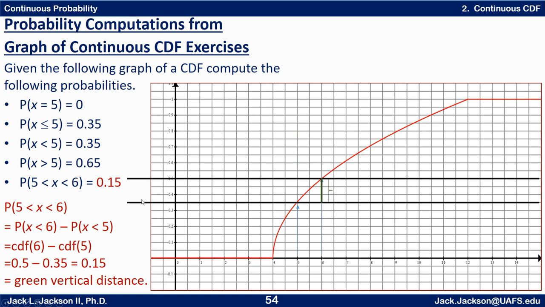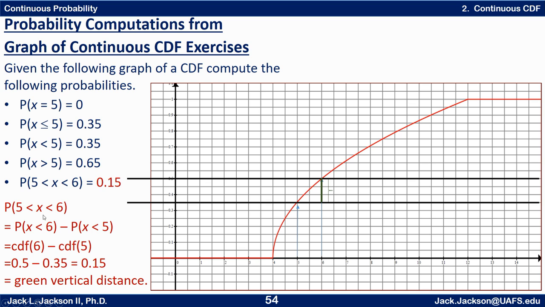Well, you find 5 and you go up there and find the y value where I've drawn a horizontal line. You find 6, go up there and draw a horizontal line. What we're looking for is the difference in the two, the vertical change. So we're looking at the length of this green vertical line segment right here, which, since these go up by 0.05s, looks like about 0.15. And of course we find it by subtracting the two CDF values.